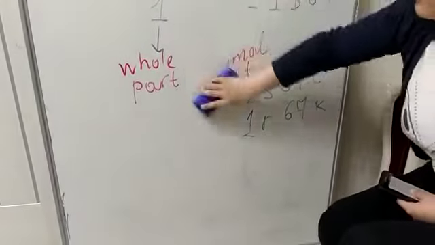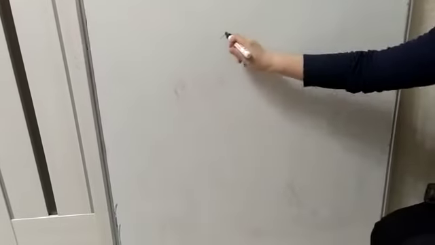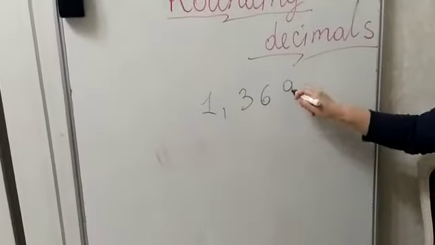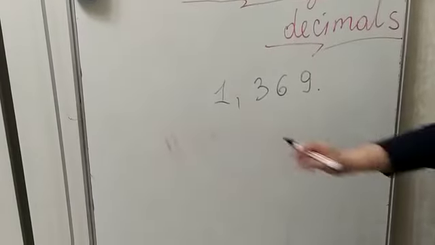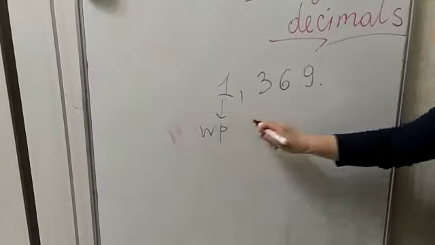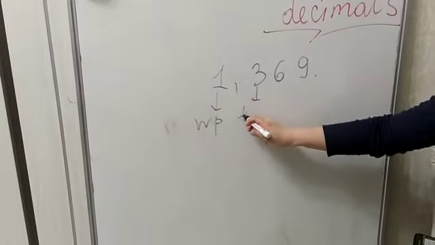Now let's understand the parts of a decimal. For example, if we have the number 1.369, this part, as I said before, is the whole part. After the point, the first number is called tenths.